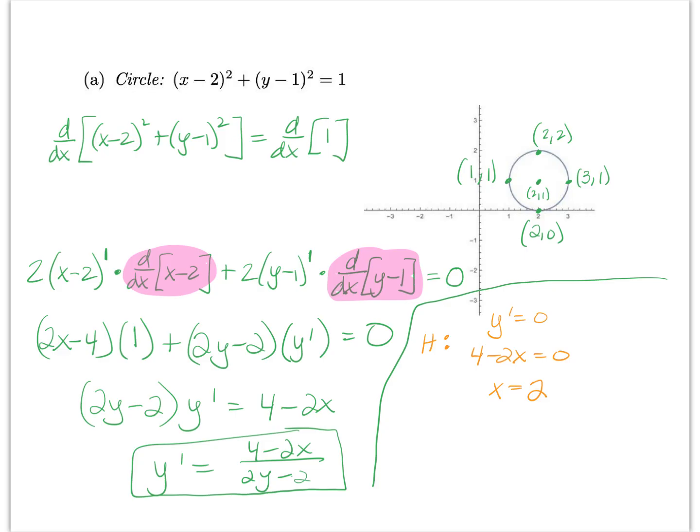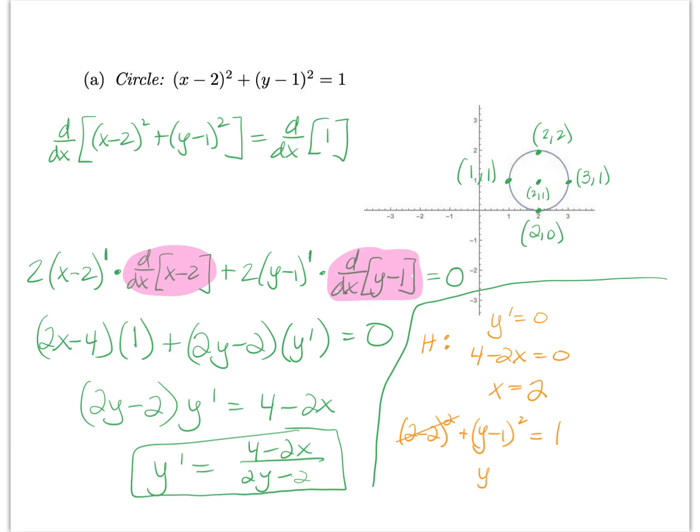To get the y value, I need to use my original equation. So I would plug into (x − 2)² + (y − 1)² = 1. So I'd have (2 − 2)² + (y − 1)² = 1. That's just 0. And this is going to be a quadratic equation.